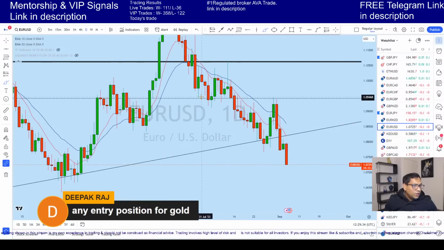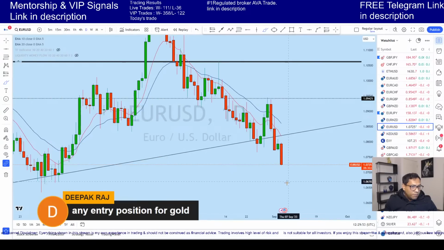So support here, resistance here, and in that zone Euro dollar has broken all these highs, gathered that liquidity and formed this bearish movement followed by a narrow correction. We see that Euro dollar is forming another bearish price action.